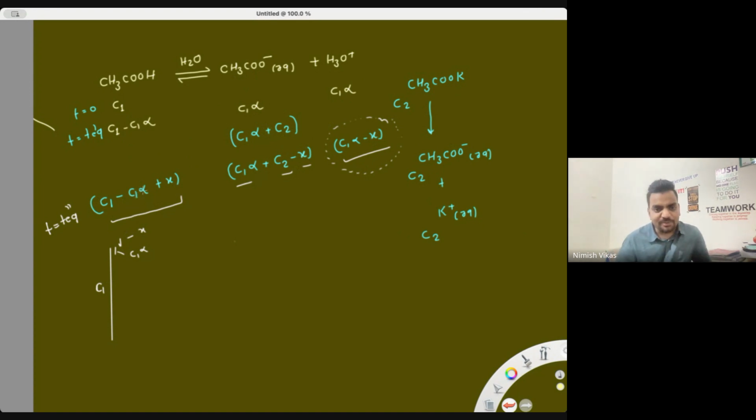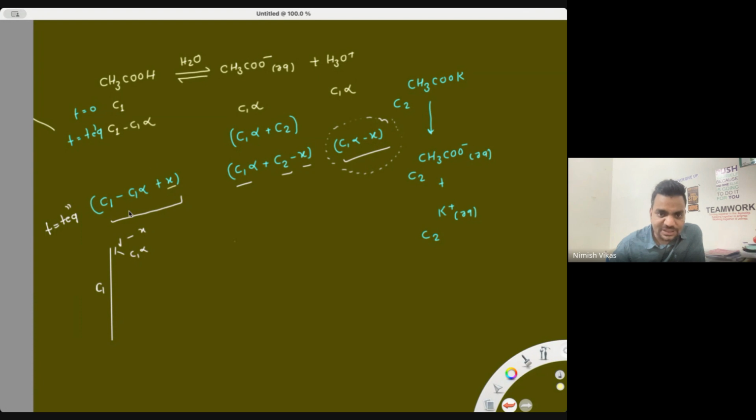It will be a very small number in comparison to C1. If it was only C1 minus C1 alpha, we could easily have written C1, but X is also there. I have told you that X is smaller than C1 alpha, so we don't have to worry about X. As X is being subtracted from C1 alpha, X must be smaller than C1 alpha.